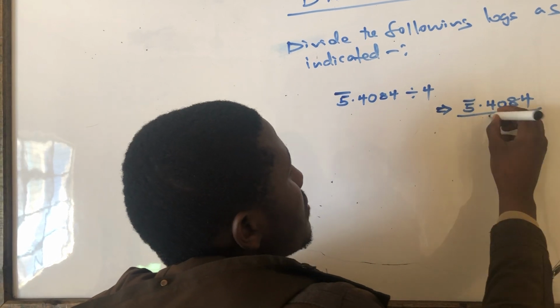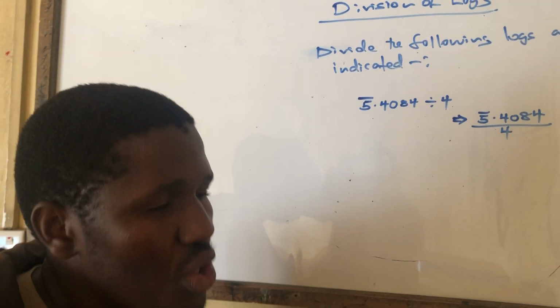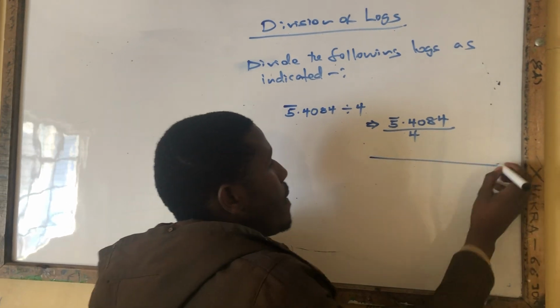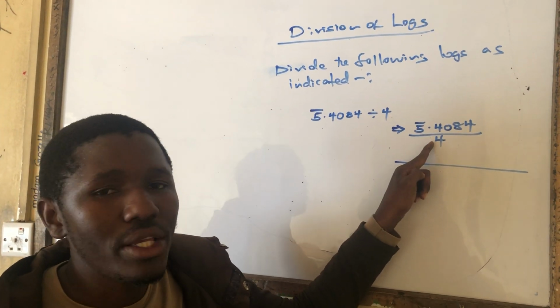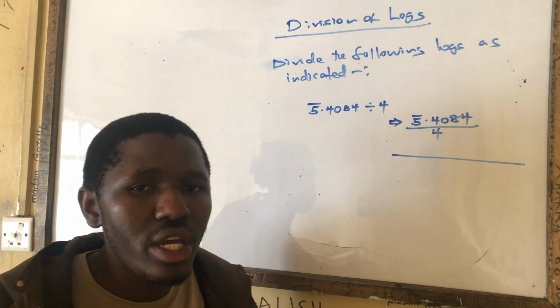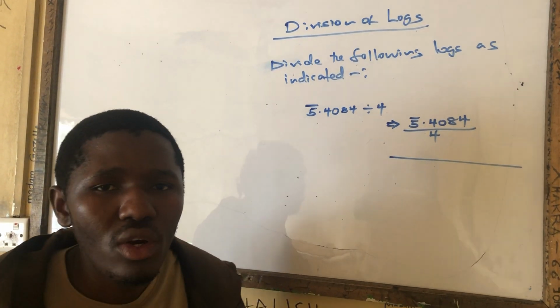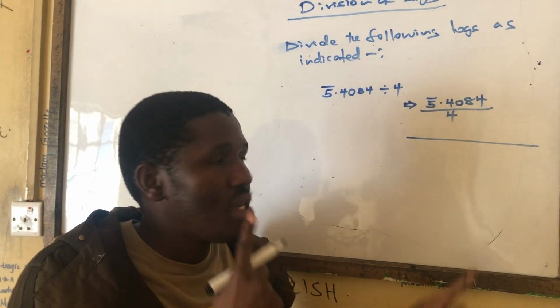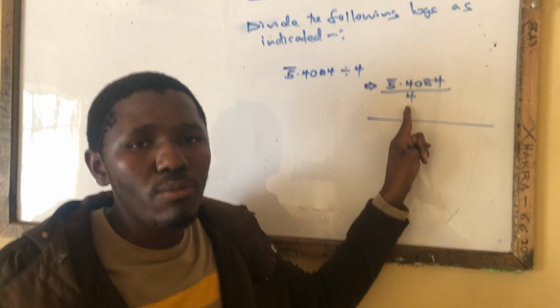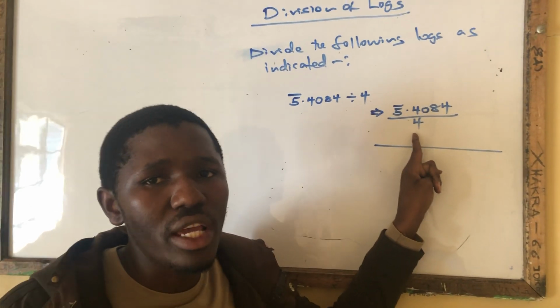How do you divide this log? We check the characteristic against the number we intend to divide it with. What is the characteristic? It is 5. So the question is, is this characteristic divisible by 4? The answer to that is a no.